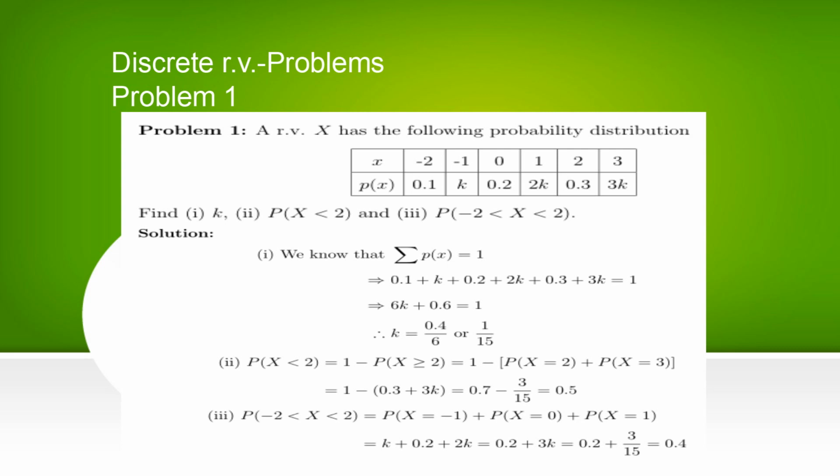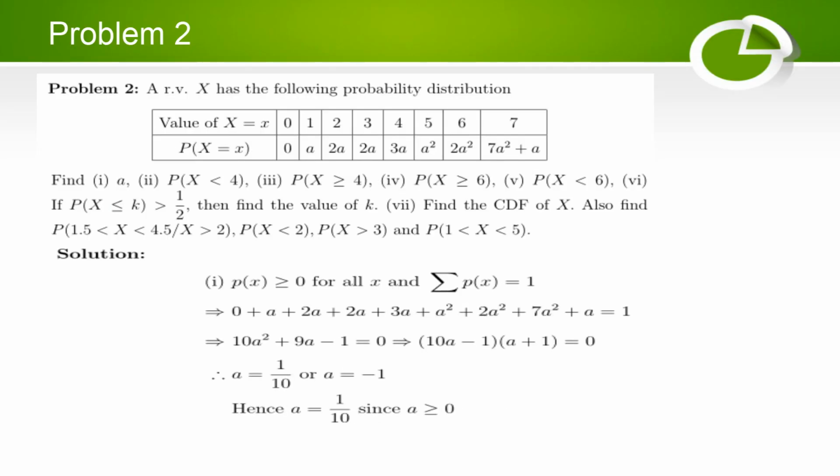P of -2 less than x less than 2 equals p of x equals -1 plus p of x equals 0 plus p of x equals 1, equals k plus 0.2 plus 2k, equals 0.2 plus 3k, equals 0.2 plus 3 by 15, equals 0.4.